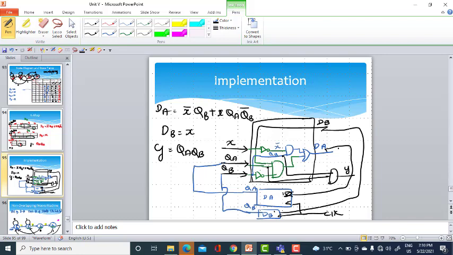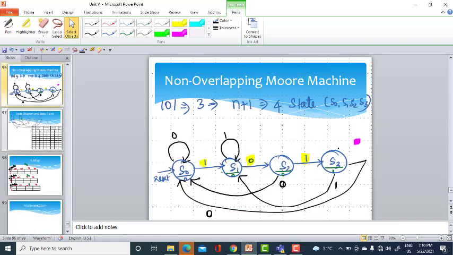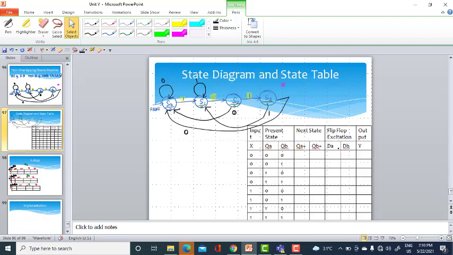Next we will go to the non-overlapping Mealy machine. This is the state diagram of the non-overlapping Mealy machine. Let me go ahead with this again. With the state diagram, fill the state table. We know the state diagram already. When you are in 0 0 and your input is 0, you will remain in the same state and your output is also 0.